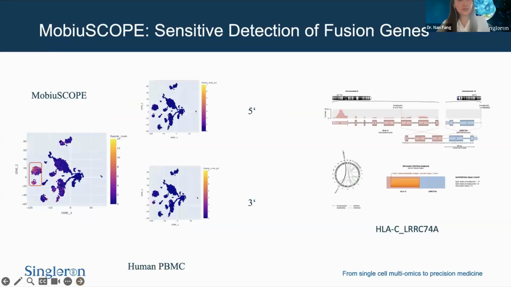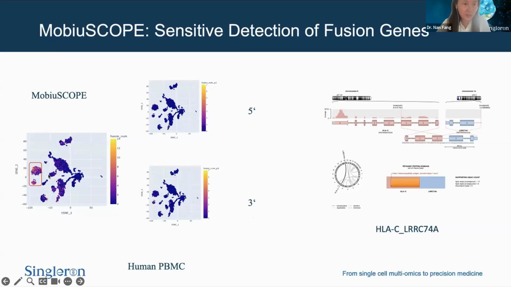And here is also a real-life sample data where we took PBMC from a specific patient. With the MobiuSCOPE method, we could detect a novel fusion that was not easily detectable with either 5' or 3' methods.